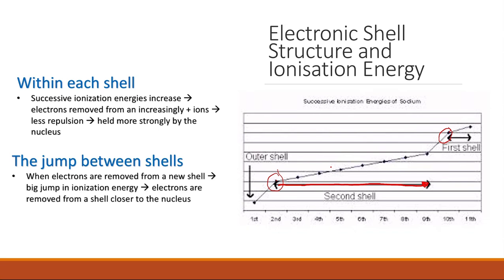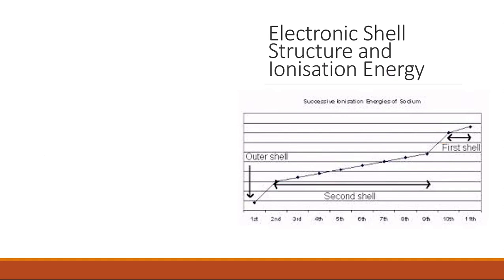When electrons are removed from a new shell, there is a big jump in the ionization energy, because electrons are removed from a shell that is closer to the nucleus. So in addition to it being a more positively charged ion, the electrons in the outer shell become even closer to the nucleus. So there is a big jump here in the ionization energy.